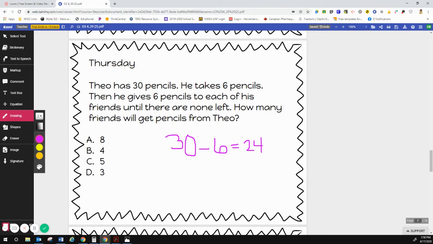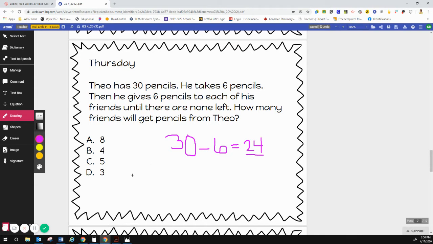And then in my story it says, then he gives 6 pencils to each of his friends until there are none left. So what's he doing with this group of pencils? Yeah, he's sharing them out in equal groups. So for every friend, they're going to get 6 pencils.